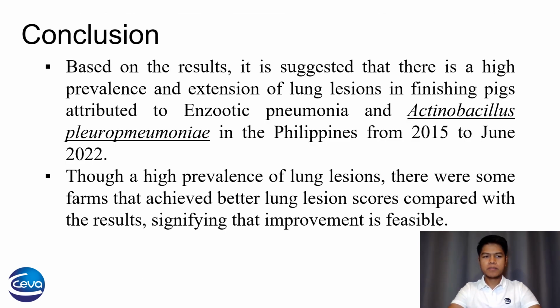For the conclusion, based on the results, it is suggested that there is a high prevalence and extension of lung lesions in the finishing pigs attributed to enzootic pneumonia and Actinobacillus pleuropneumoniae in the Philippines from 2015 to June 2022. And though there is a high prevalence of lung lesions, there were some farms that achieved better lung lesion scores compared with the results, signifying that improvement is feasible.